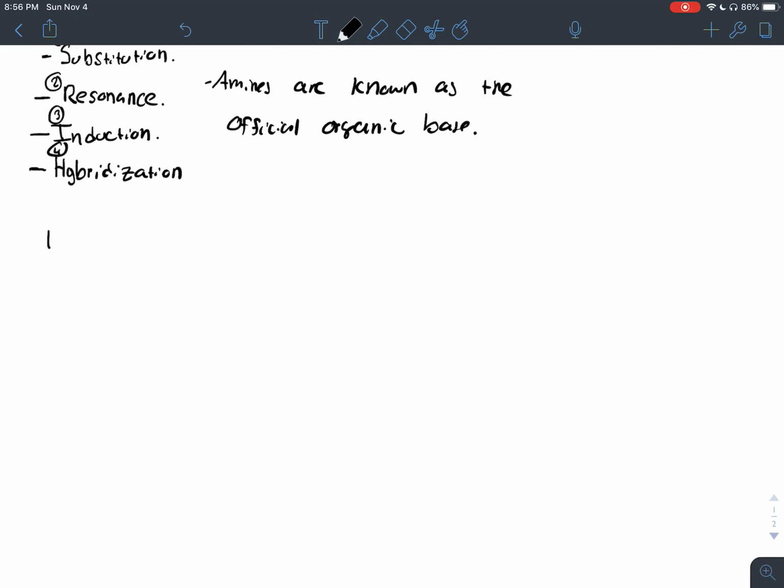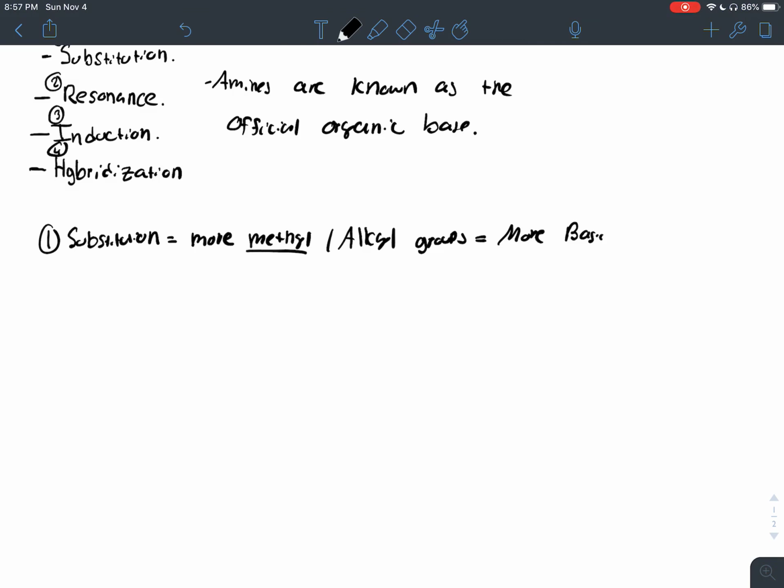Number 1 is substitution. What I mean by that is more methyl/alkyl groups means more basic.